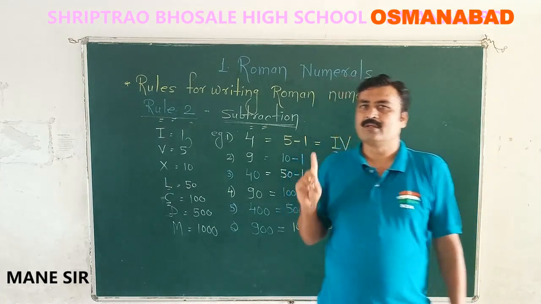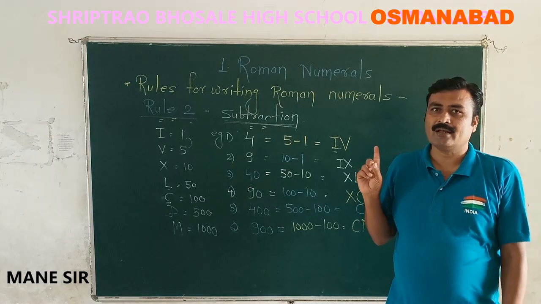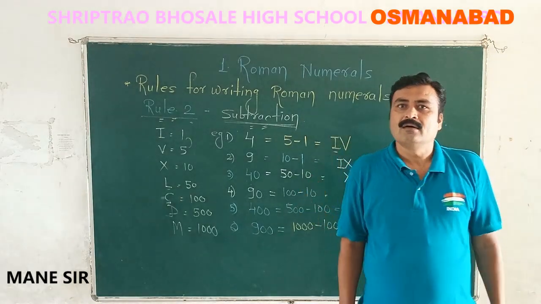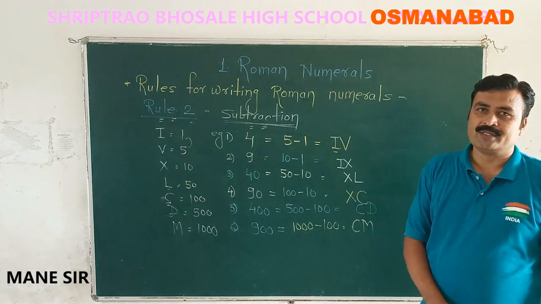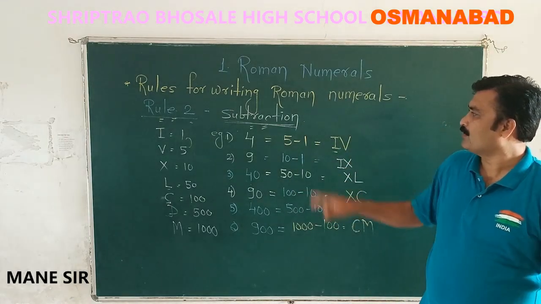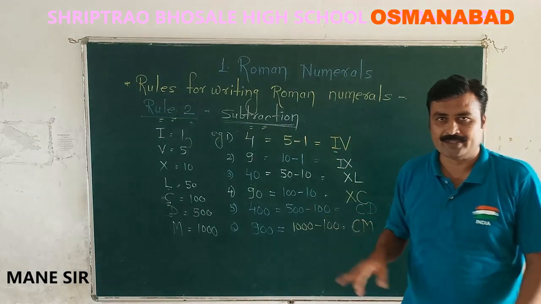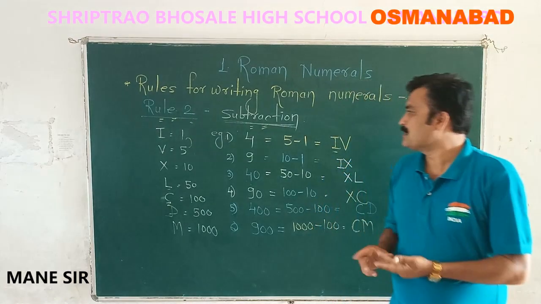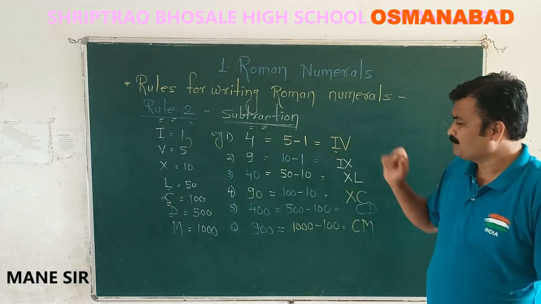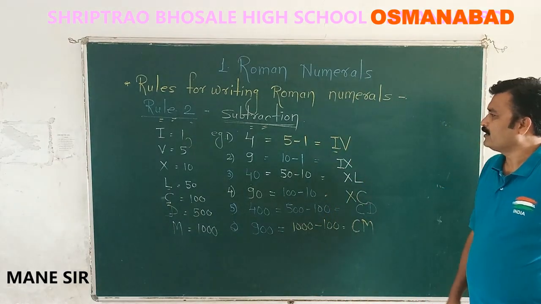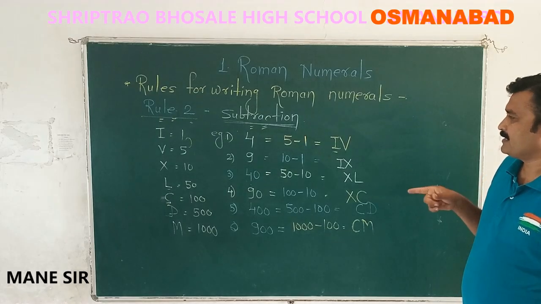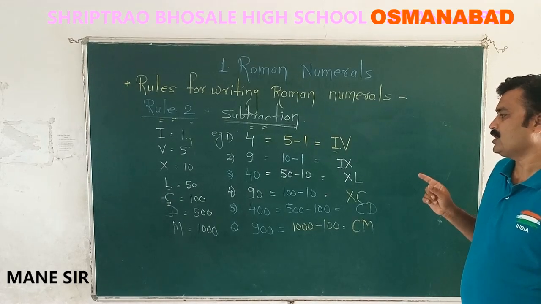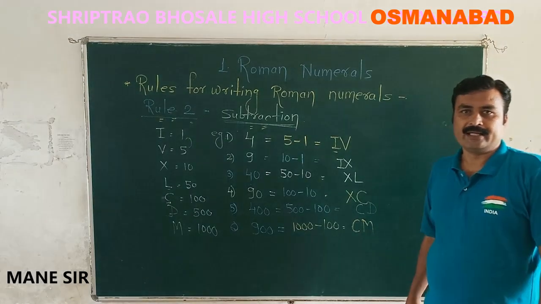Thereafter, the second rule. You can again observe it on this green board, the rule based on the subtraction method. By using the subtraction method, we derive some numbers. On this green board you can observe 6 examples: 4, 9, 40, 90, 400 and 900.